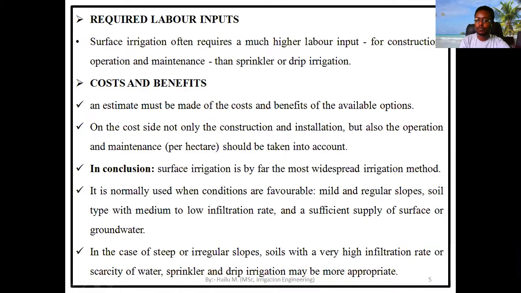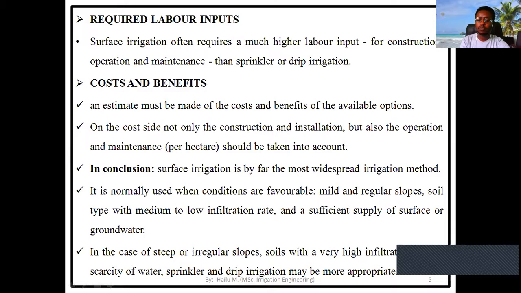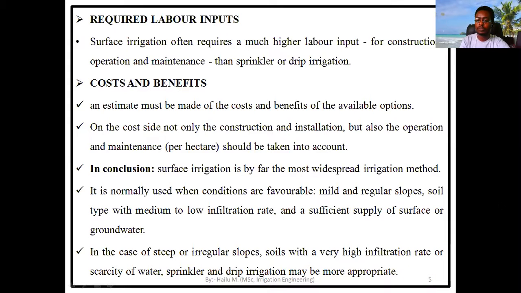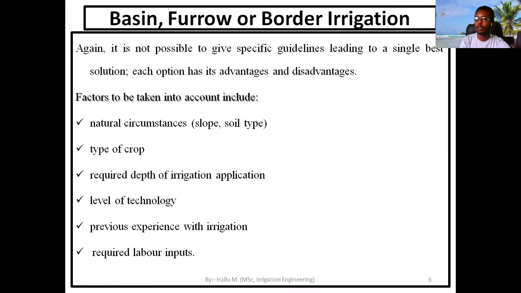In the case of steep or irregular slopes, soil with a very high infiltration rate, or scarcity of water, sprinkler and drip irrigation may be more appropriate. So, based on these conditions and by following these factors, we have to choose the best irrigation application method.